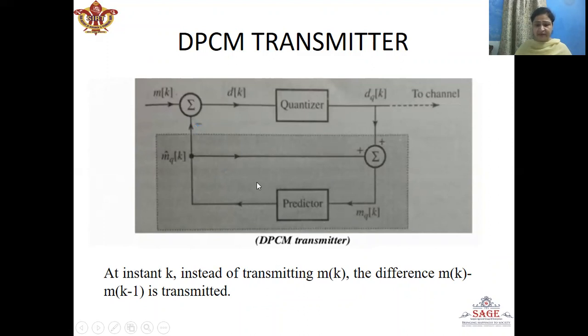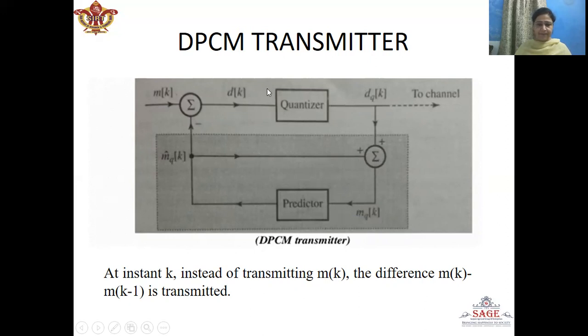A predictor estimates the actual sample value based on one or more previous samples of the input signal. Thus, in the predictor filter, we introduce an input m_qk, which is generated by the previous predicted value and the quantized error sample.